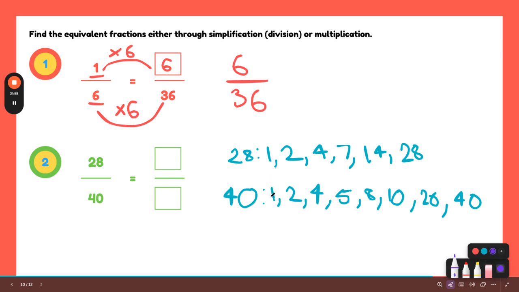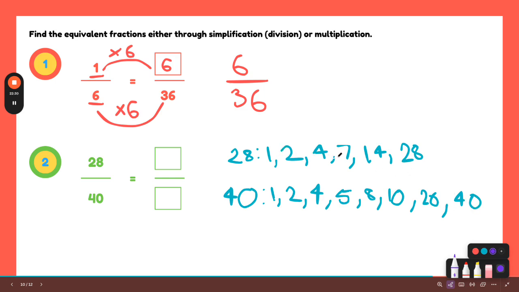So 1 is a common factor, but it's not the highest. Then we have 2. Is there a higher number? Could it be 4? Okay. 7, 5, 14, 8, 10, 28, 20, 40.